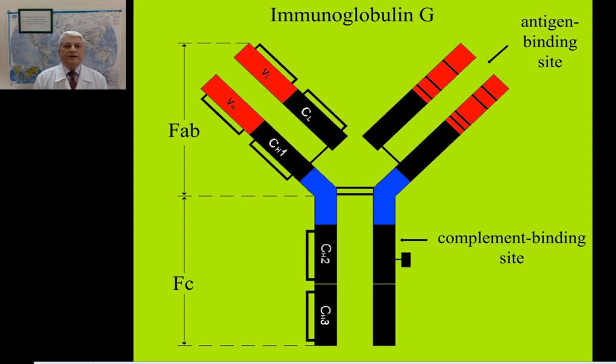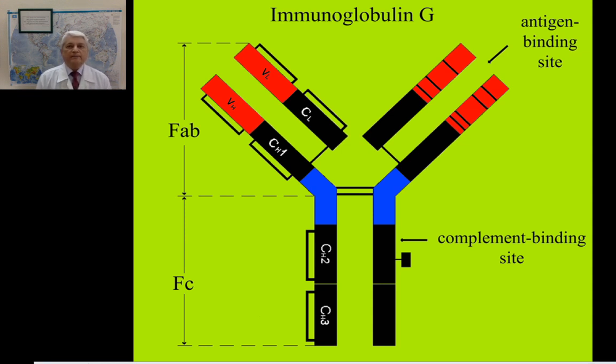And after this interaction of immunoglobulin antibody with the antigen, our immune system is trying to kill antigen. And this is our defense from different, sometimes dangerous antigens.